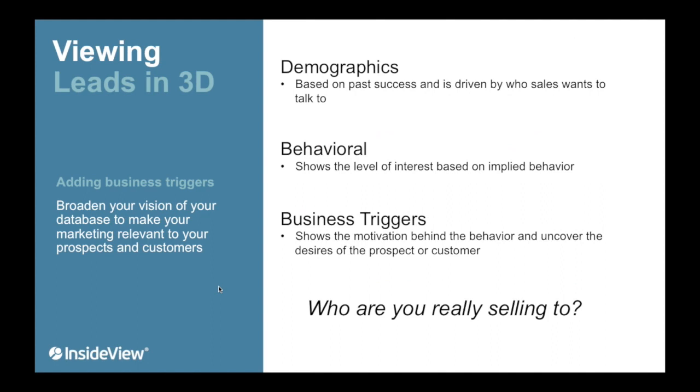And once you start combining that type of information with business insights and business triggers, you start to get a much better feel for what's in your prospect database. And you could really start using these things in pretty interesting ways, both to inform a lead score, but also to make your marketing programs a lot more successful and relevant to your prospects.